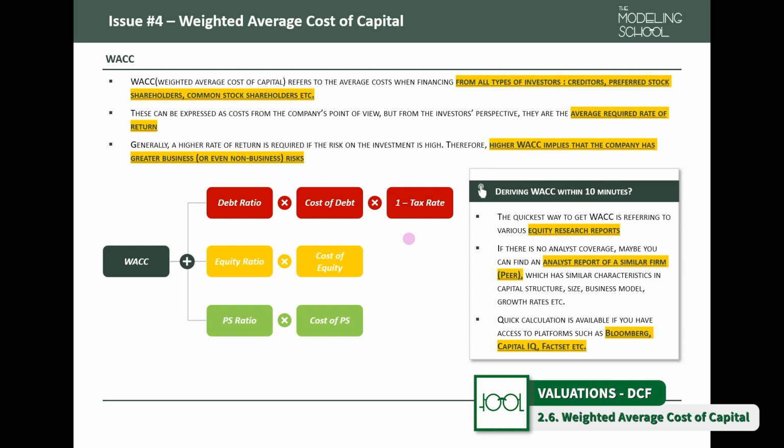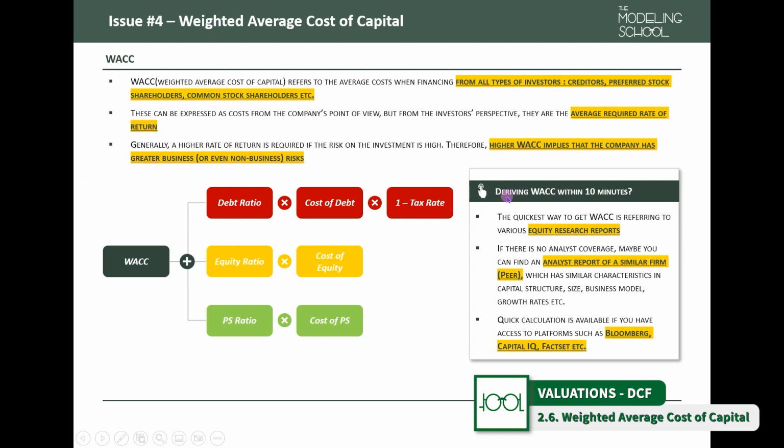That's called a tax shield. So debt is much cheaper in general, but in addition to that, it also provides a tax shield. So the higher the debt ratio, the lower the weighted average cost of capital would become, and generally that would lead to higher company value.